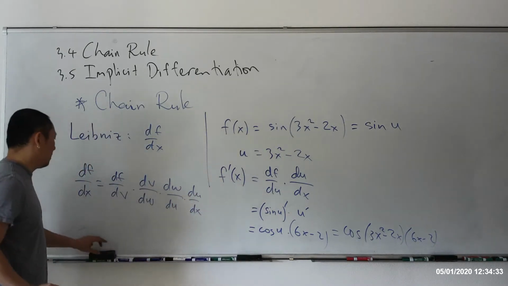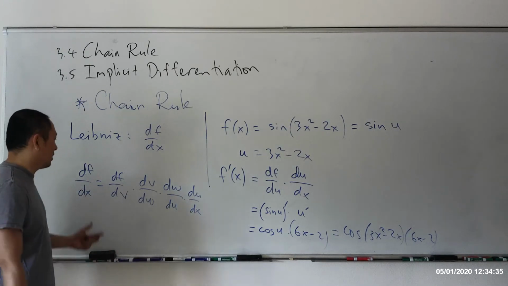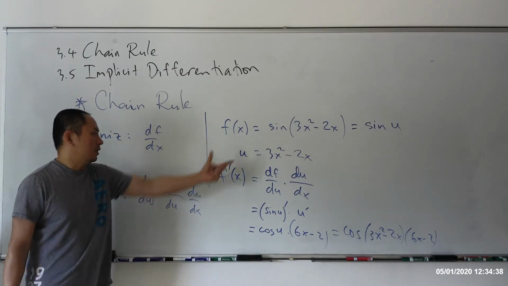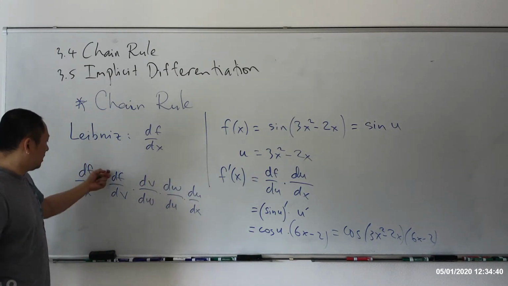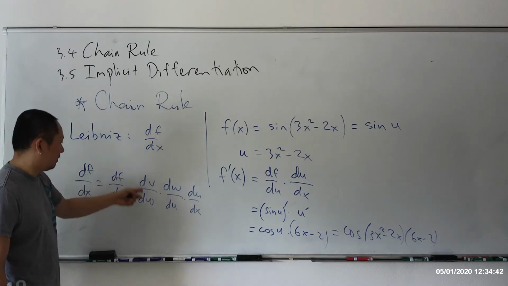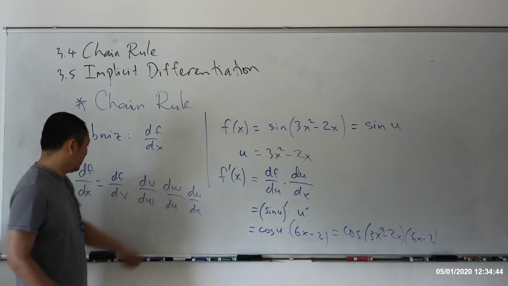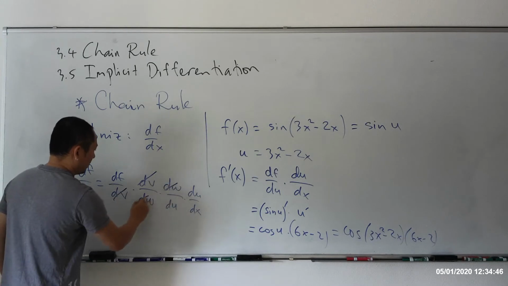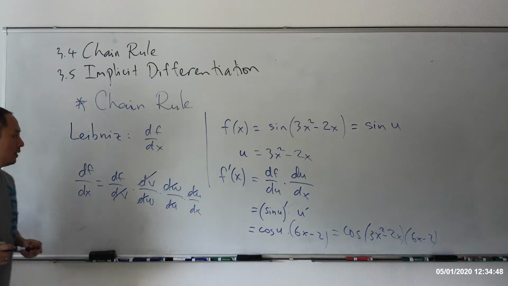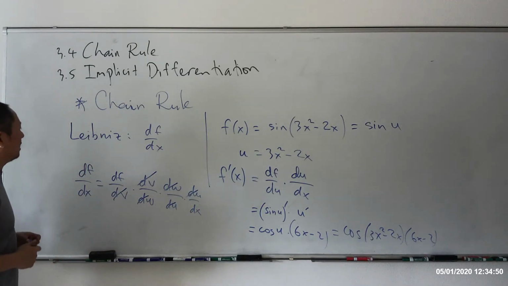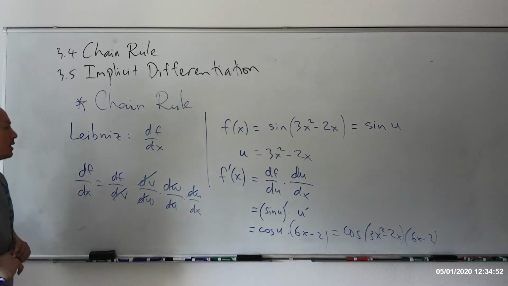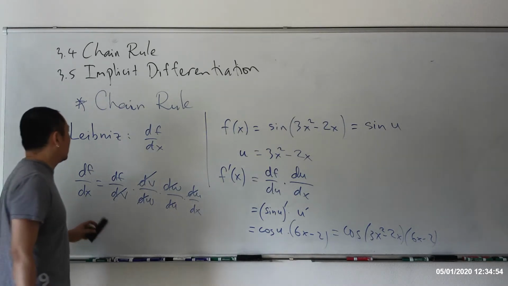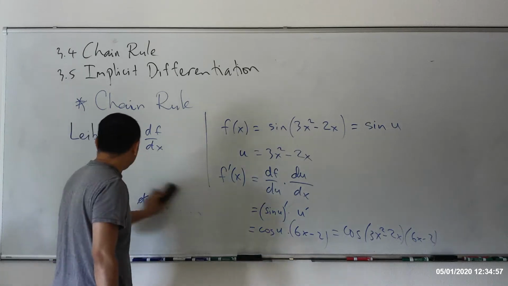So if you have a very complicated function that needs substitution several times to simplify the f, v of w, and then w of u, and then u of x, see, kind of cancel out. And that is the idea of the chain rule. So I guess the idea is not too hard, but let me give you a bunch of examples, to make sure that you guys understand the chain rule. Okay.